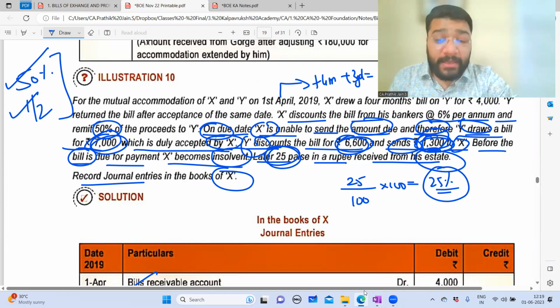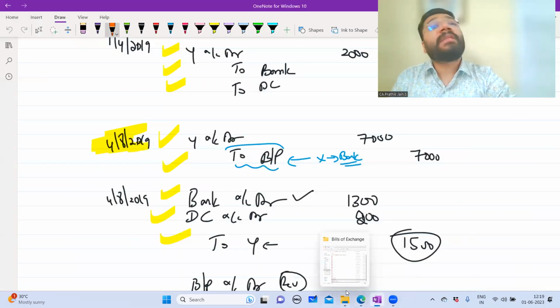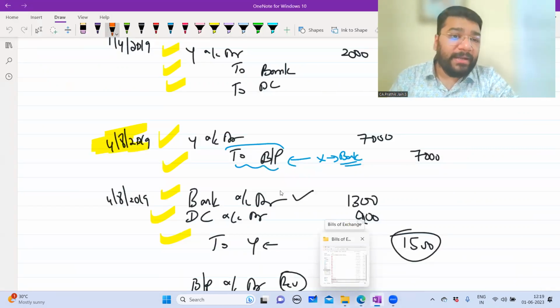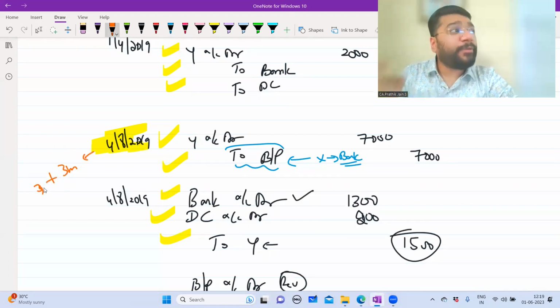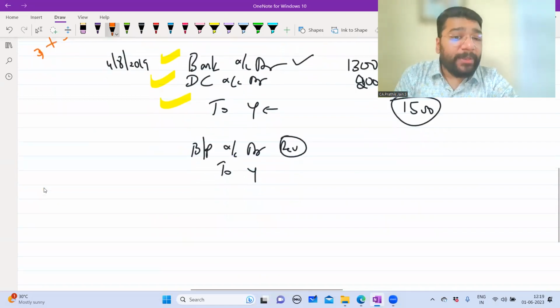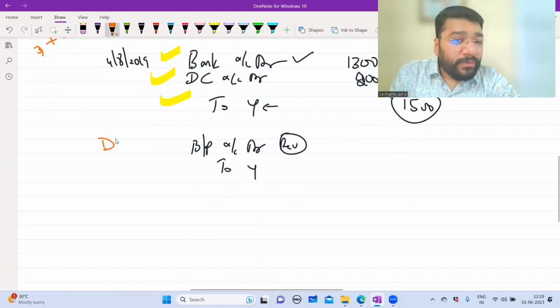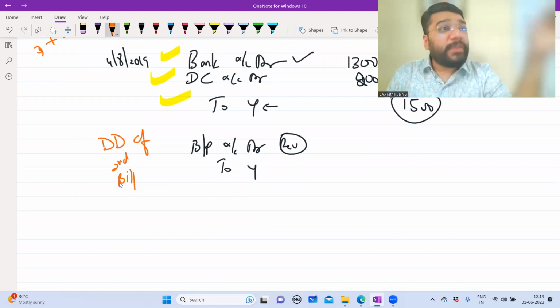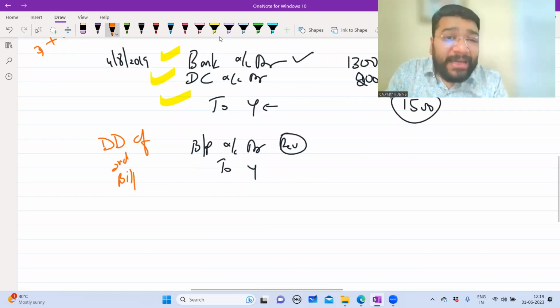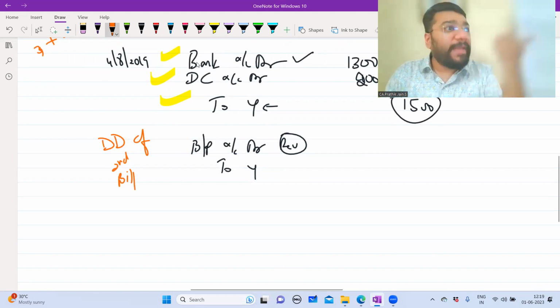The period is not given. Imagine if the period is given, the second bill is for 3 months. Then you will add 3 months plus 3 grace days and calculate the due date. And this is actually happening on the due date of the second bill, because on the due date of the second bill only, the validity of the bill is expiring. So that's when I'll cancel it.